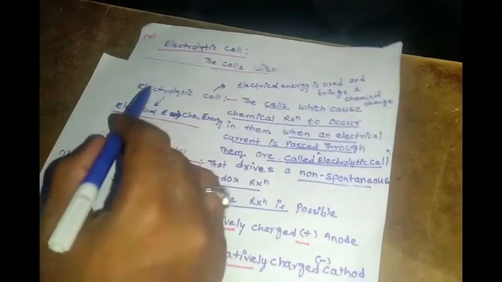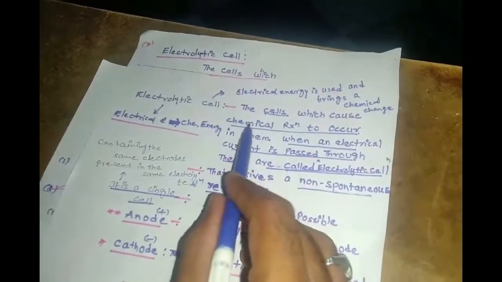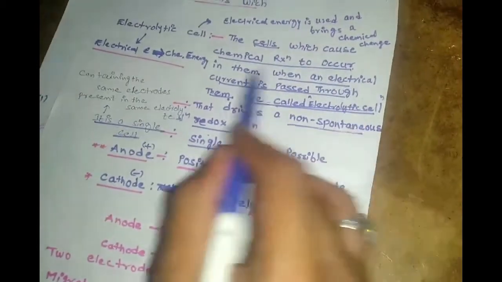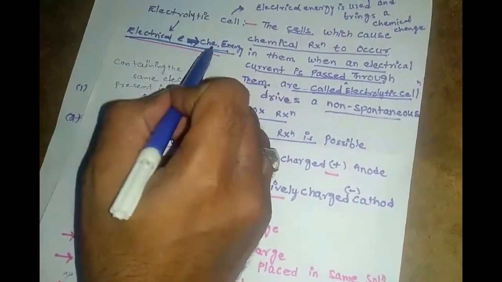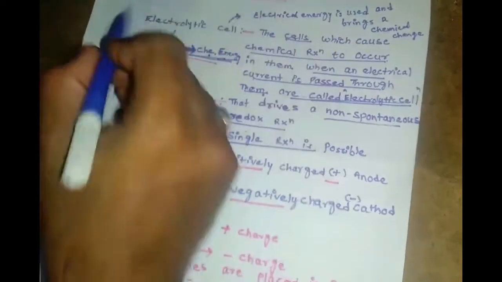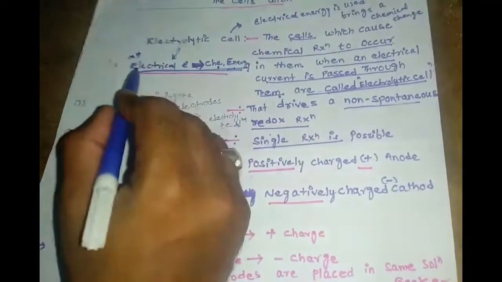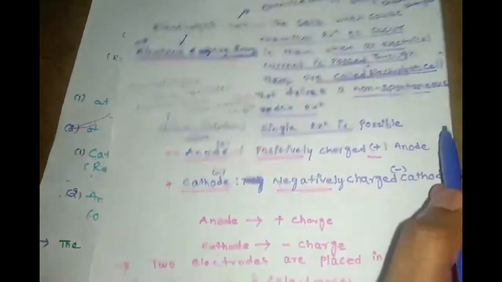See once again, what is an electrolytic cell? The cell which causes chemical reaction to occur in them when electrical energy is passed through them is called an electrolytic cell. Simply here, electrical energy is converted into chemical energy. So you remember this only, electrical energy is converted to chemical energy.